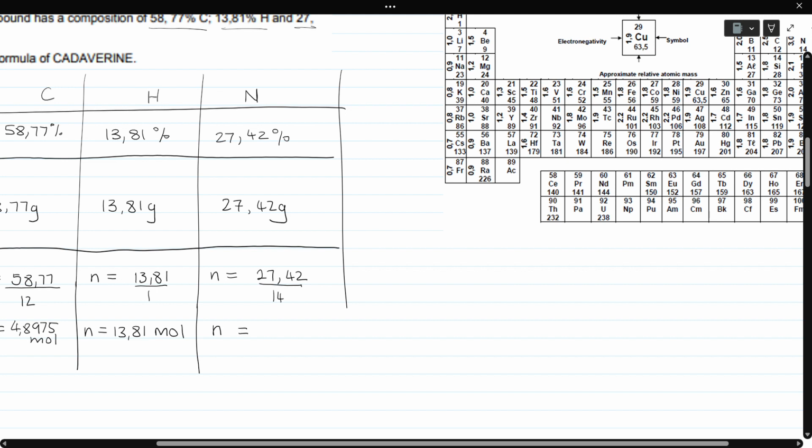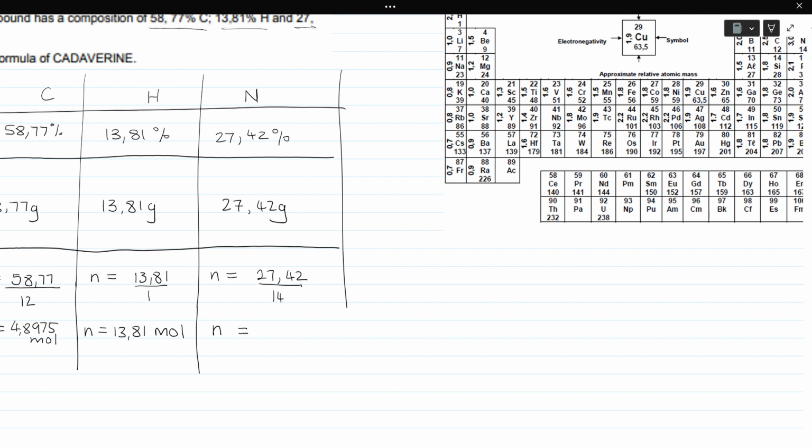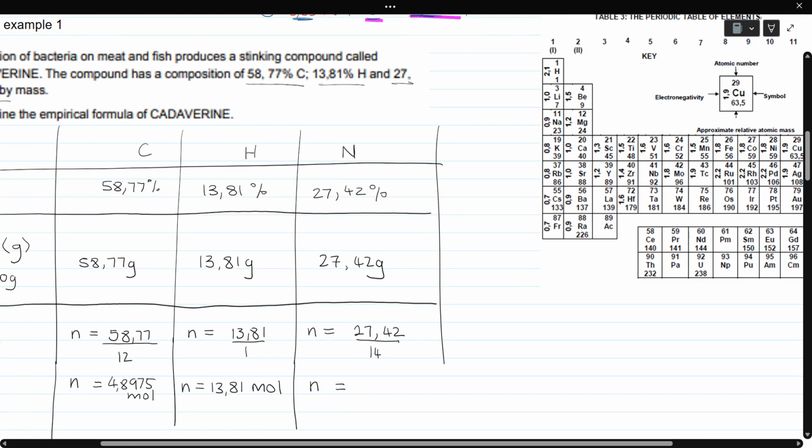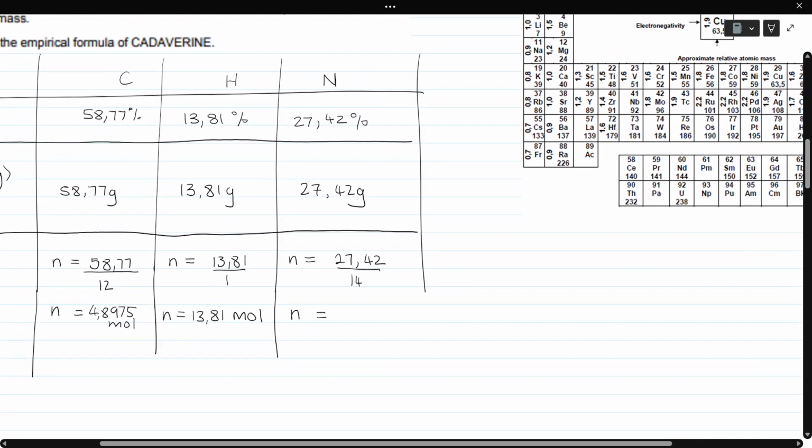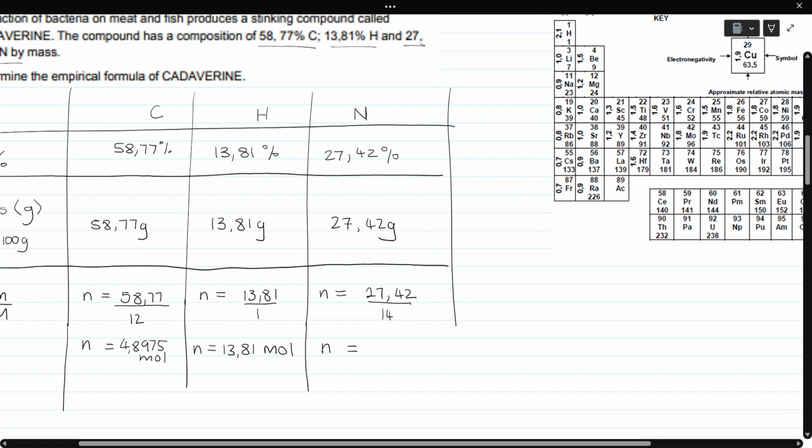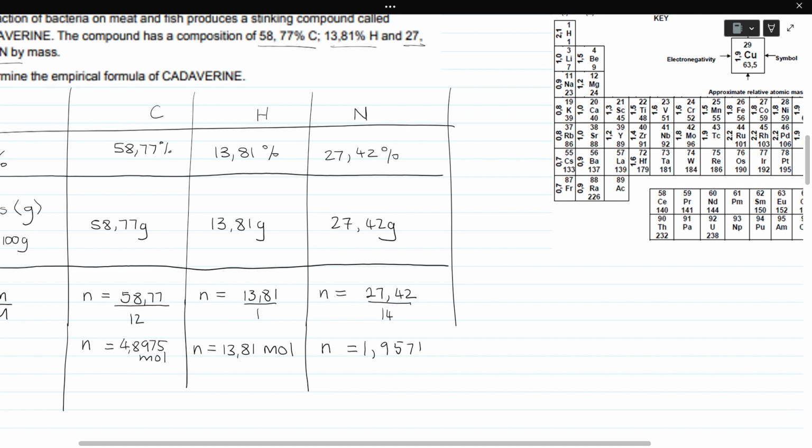And if you put this in a calculator, you should get a value of 1.9571. I just want to check this value again. So you should be having 1.9586 actually.